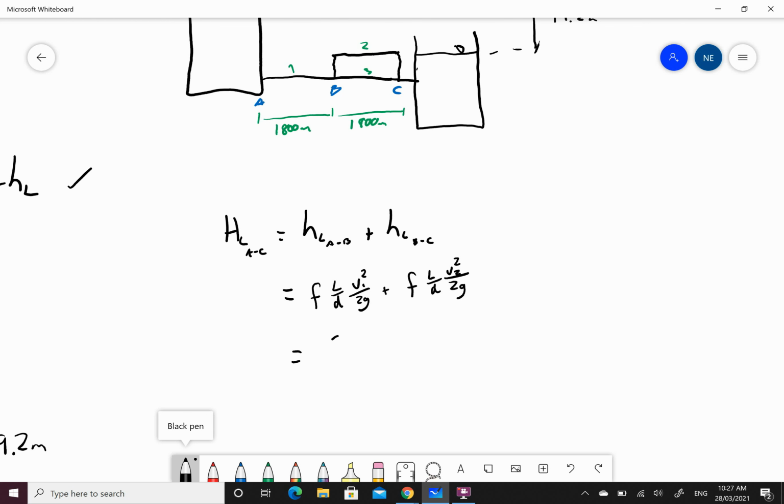To simplify, I can go V1 squared plus V2 squared, both times friction factor times length over D 2G. This is my new formula.